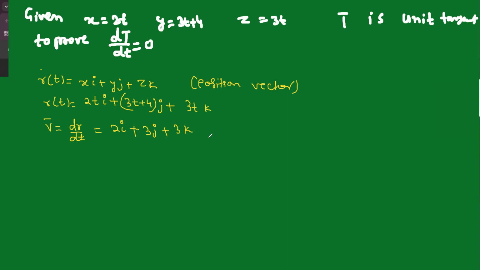This is velocity. Velocity means what? The rate of change of position vector with respect to time, right? And how to find speed? Speed is nothing but modulus of velocity, right?